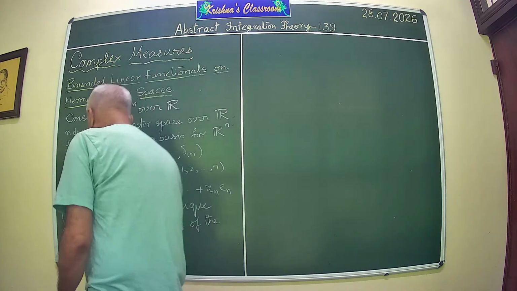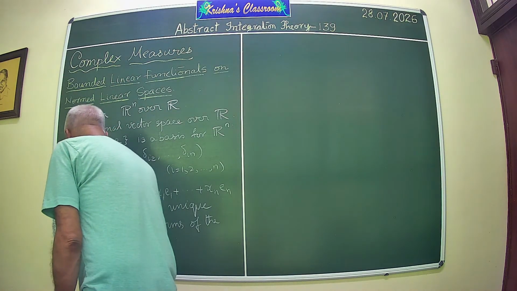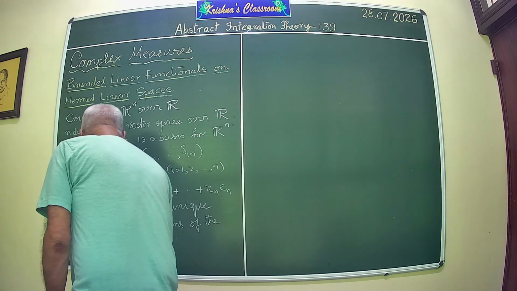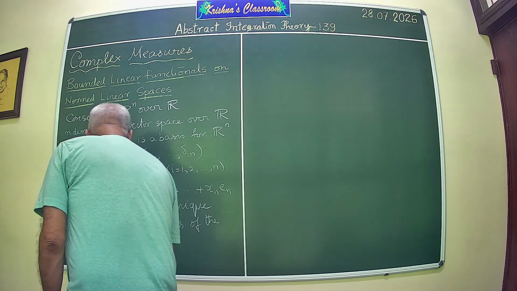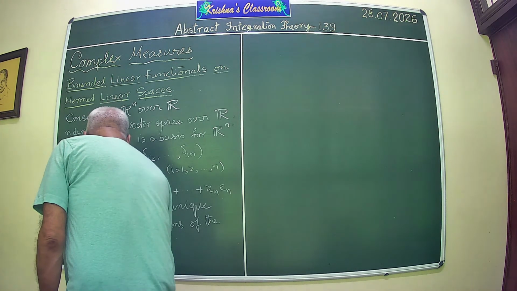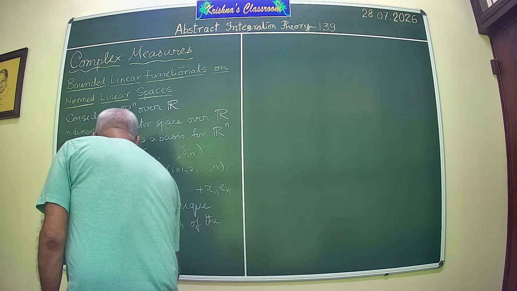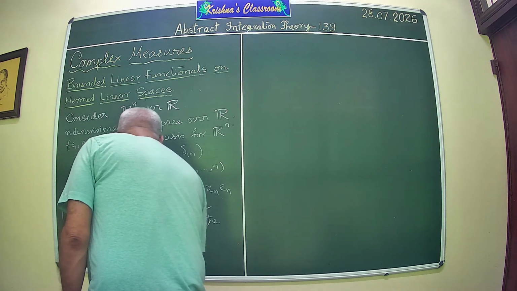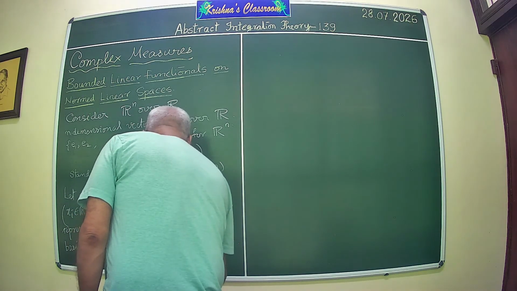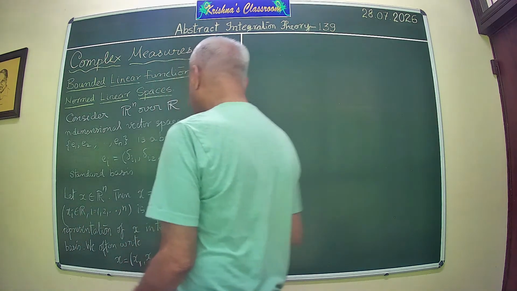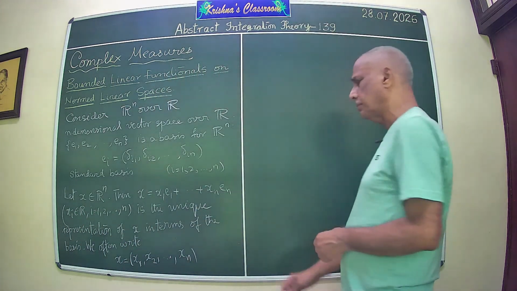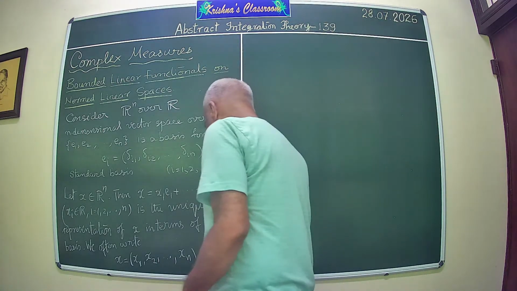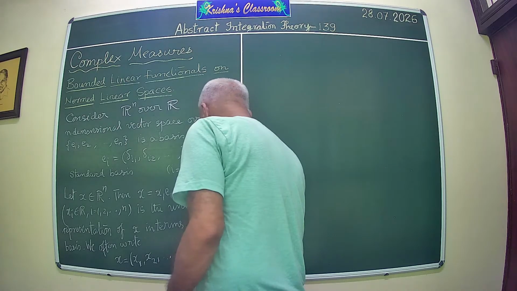Therefore, we often write x equal to the n-tuple (x1, ..., xn) to mean that x is represented by x1 E1 plus x2 E2 plus xn En for every x belonging to Rn.